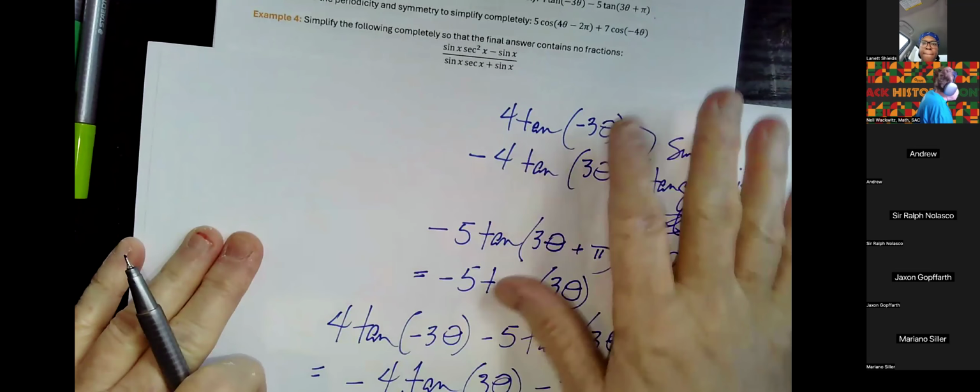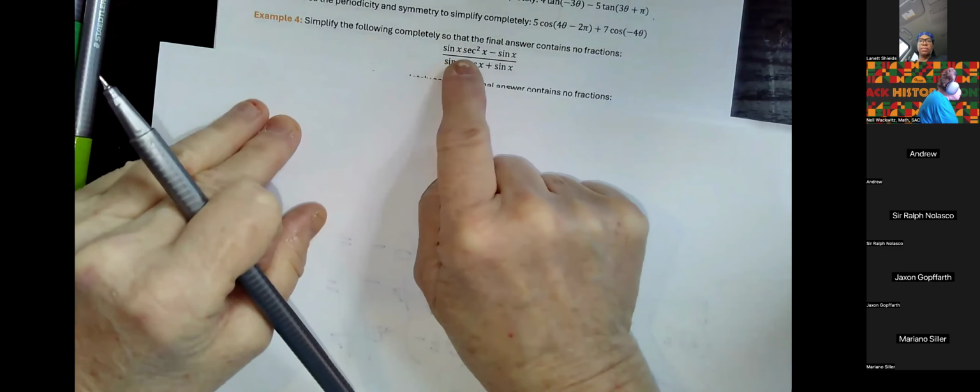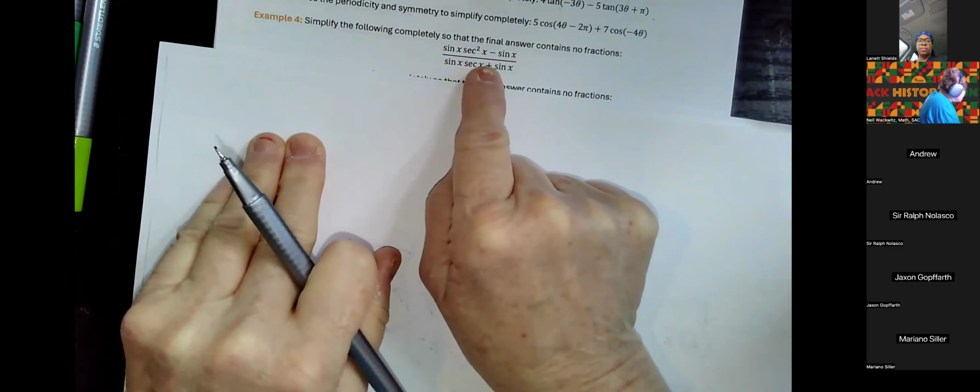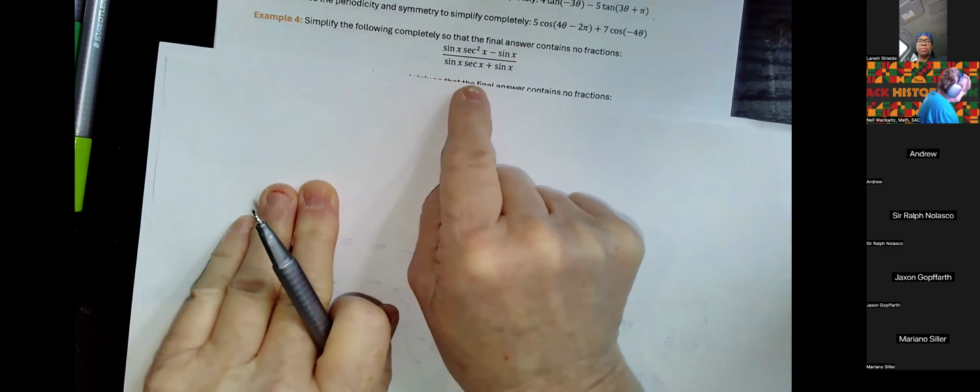Okay, let's do one other fun thing, and this one I am going to let y'all try. Let's take sine x secant squared x minus sine x, all divided by sine x secant plus sine x, and let's make this not a fraction and as simple as possible.